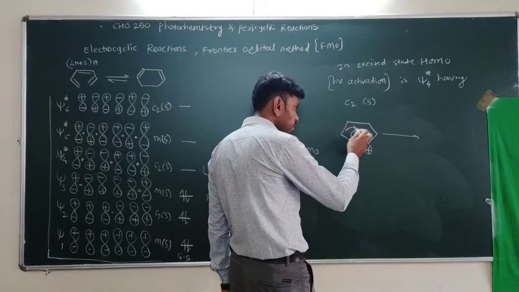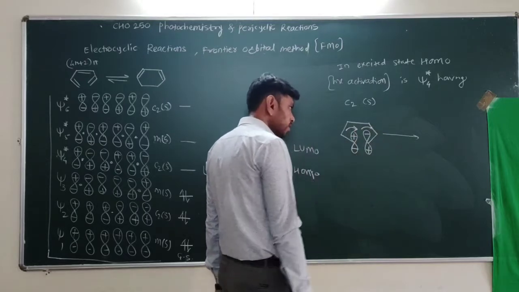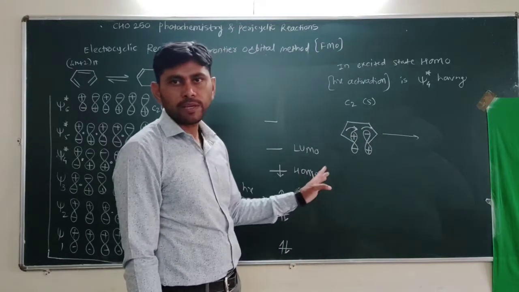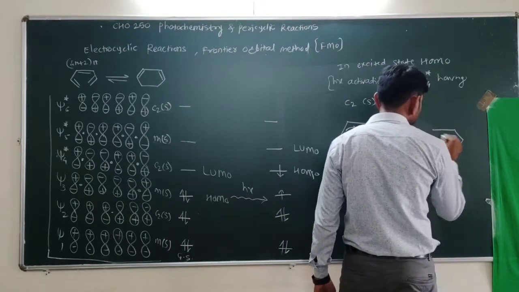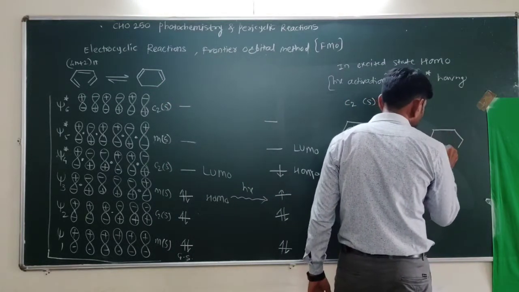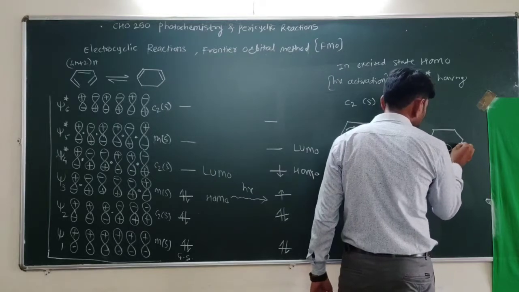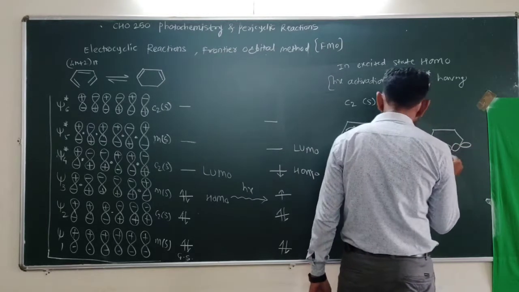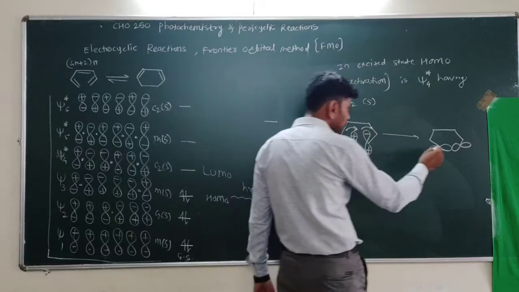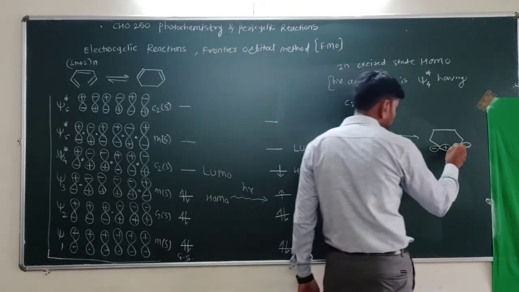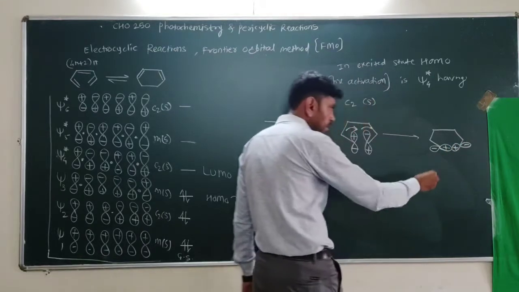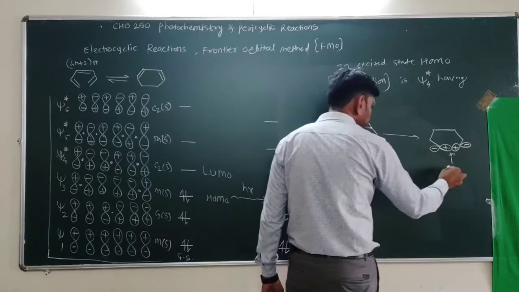Then this is rotated clockwise, and the other also clockwise, or we can rotate counterclockwise. By rotating this, we reach the bonding orbital. When this one is rotated, plus minus, then we have a bonding overlap.